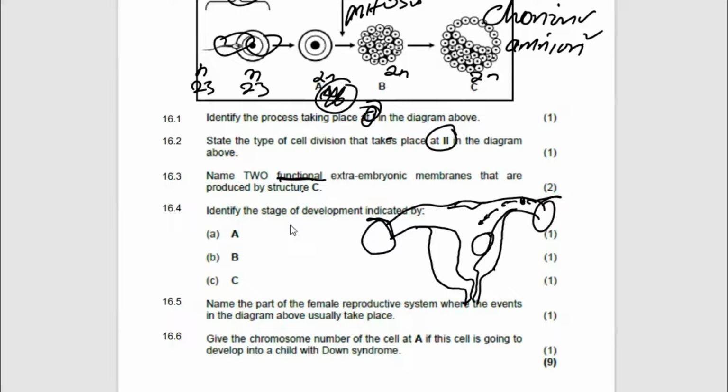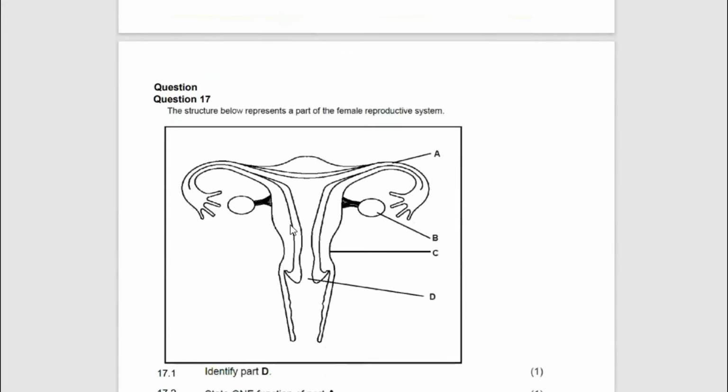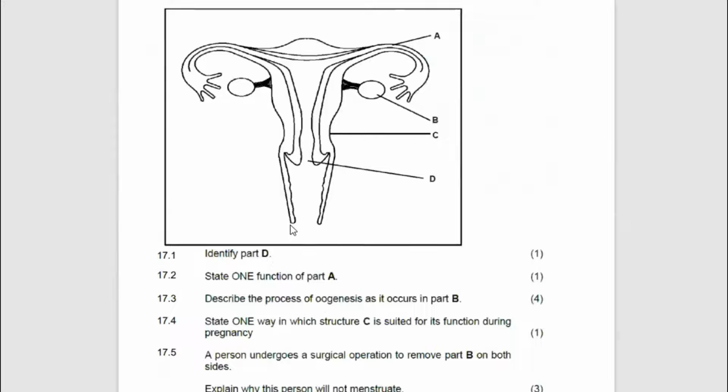But this is for a normal individual. Here they're saying that if a child had Down syndrome, remember, Down syndrome, you have an extra chromosome on chromosome number 21. So it's going to be 46 plus an extra chromosome, which makes it 47. So the answer is going to be 47 because of the condition of Down syndrome.